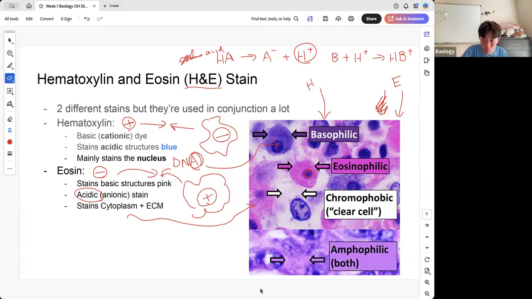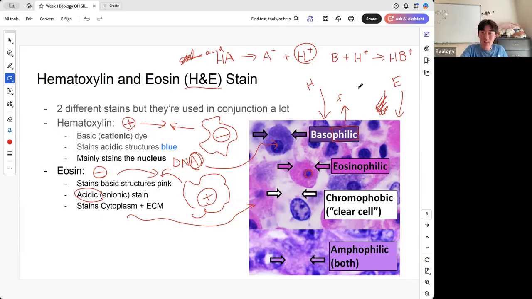let me try to move this thing out of the way. Okay, we have four characterizations of how things look under H&E stains. So we have basophilic cells, which stain blue, because of an important Latin root. Philic means friend.